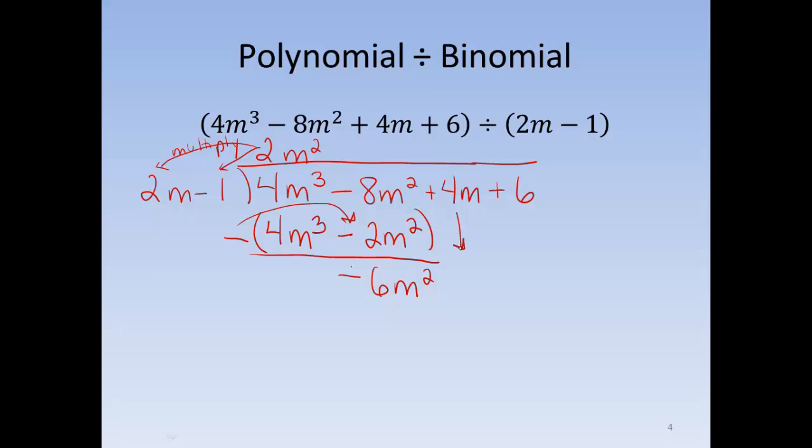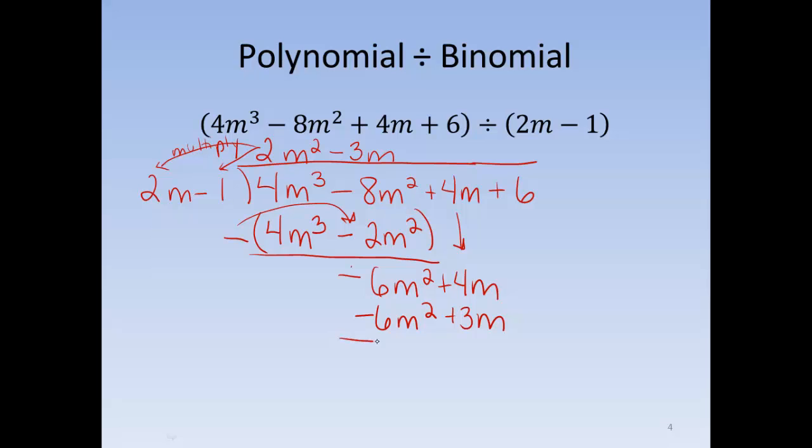Next step, bring down plus 4m. Repeat the whole process. What do I need to multiply 2m by to get negative 6m squared? I need to multiply by negative 3m.